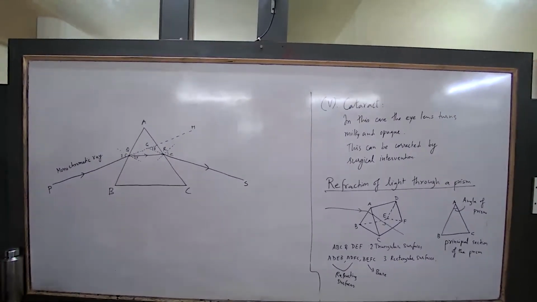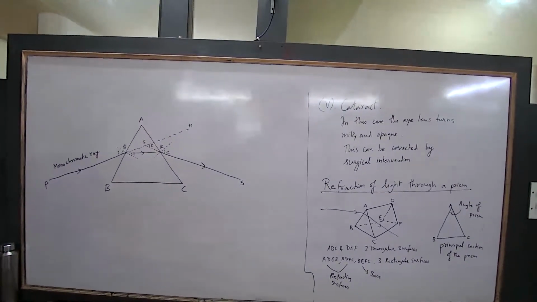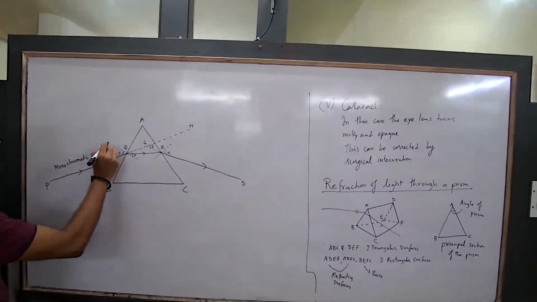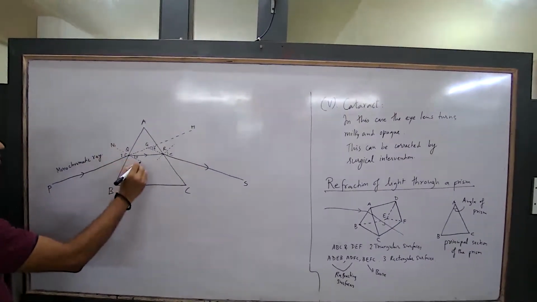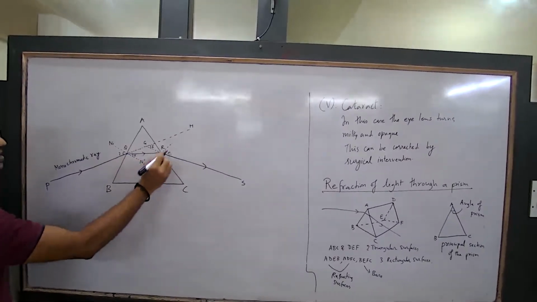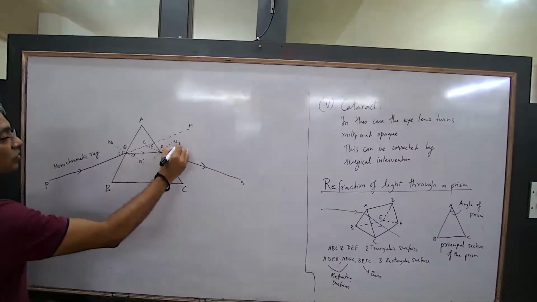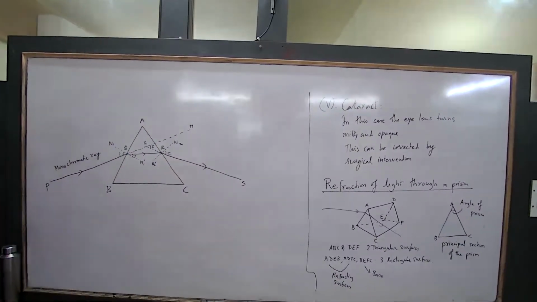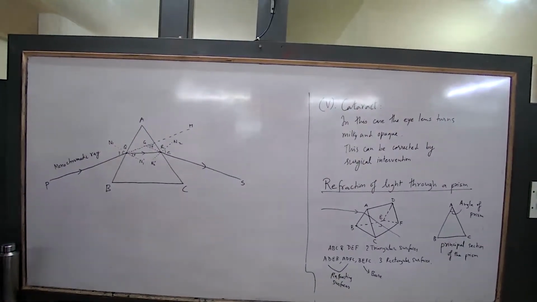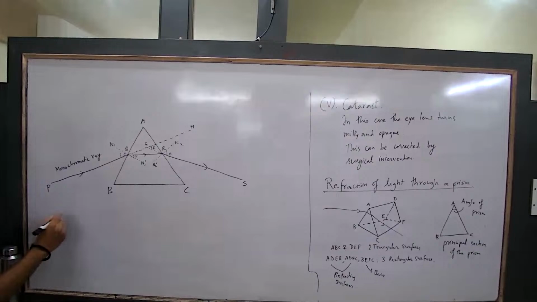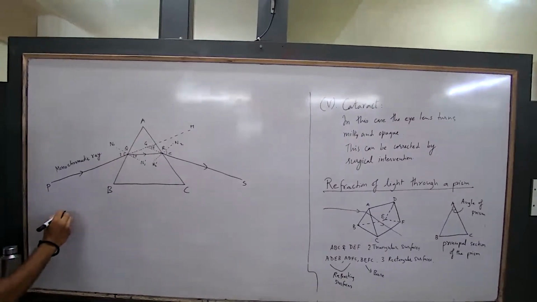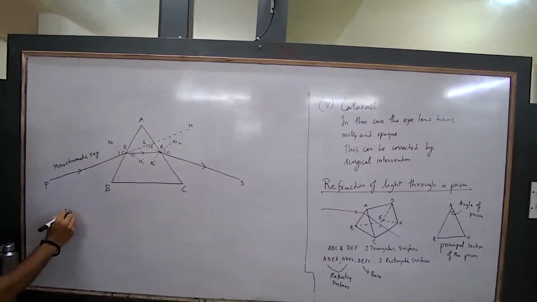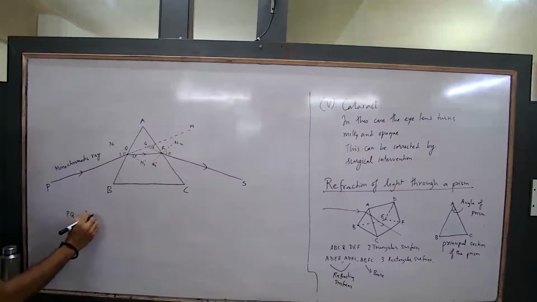So what is what? Let's figure it out. Now this is the first normal, so you can call it N1 dash, and this is N2 dash. Okay. So what is PQ? Incident ray.